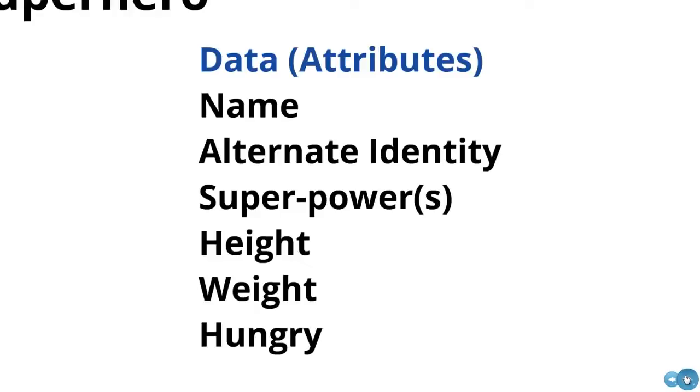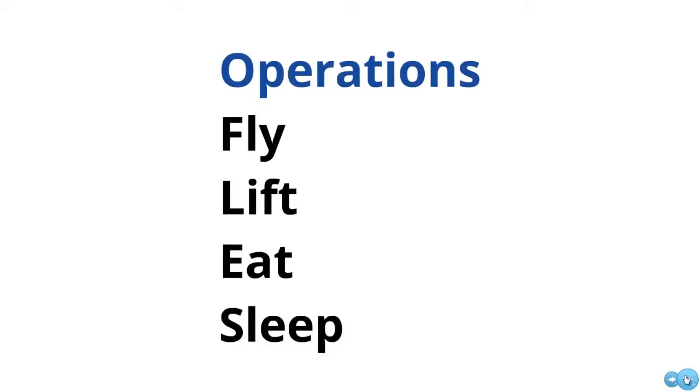Now in terms of the operations, there could be a lot of things. A superhero could fly, maybe lift some particular object, maybe eat, maybe sleep. Again, we've described some more mundane things, but these are operations that a superhero could do.